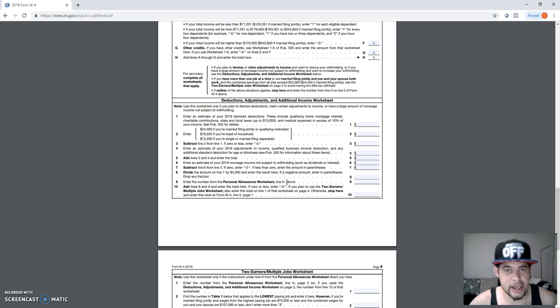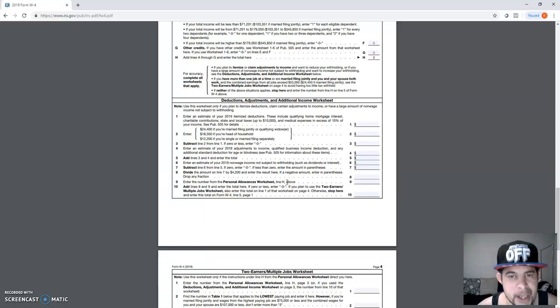So now we'll go under deductions and adjustments. Number 1 says enter an estimate of your 2019 itemized deductions. These include qualified home mortgage interest, charity contributions, state and local taxes, and medical expenses.